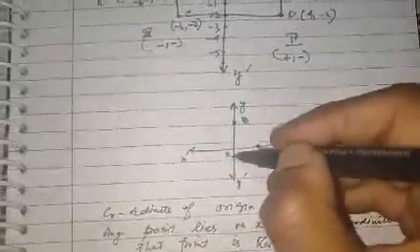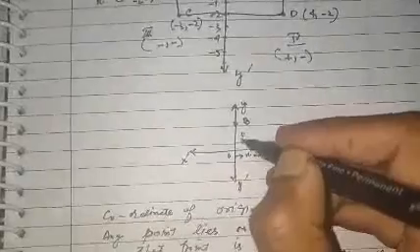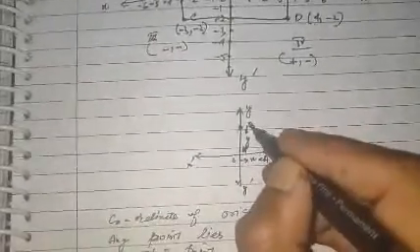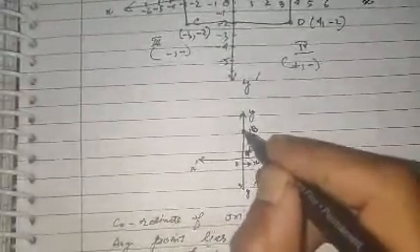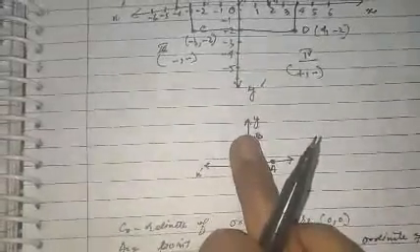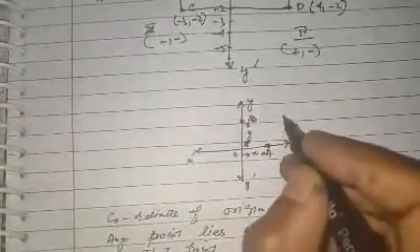And point B on y-axis, the distance of point B from origin is y units. And the distance of point B from y-axis is 0. The value of abscissa here is 0. The abscissa of point B is 0 and ordinate of point A is 0.